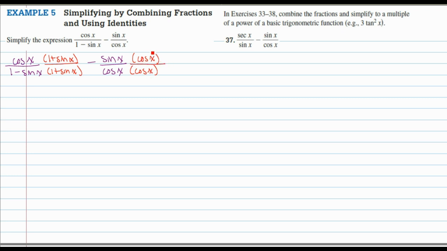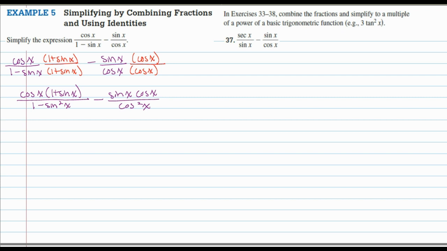So the numerator and denominator both get multiplied by cosine of x. Now up here, I'm not going to mess with multiplying that out just yet. I'm going to say cosine of x times 1 plus sine of x. Now all over, now this is a difference of squares, so I get 1 squared minus sine squared of x, minus, and now this will be sine of x, cosine of x, all over cosine squared of x.